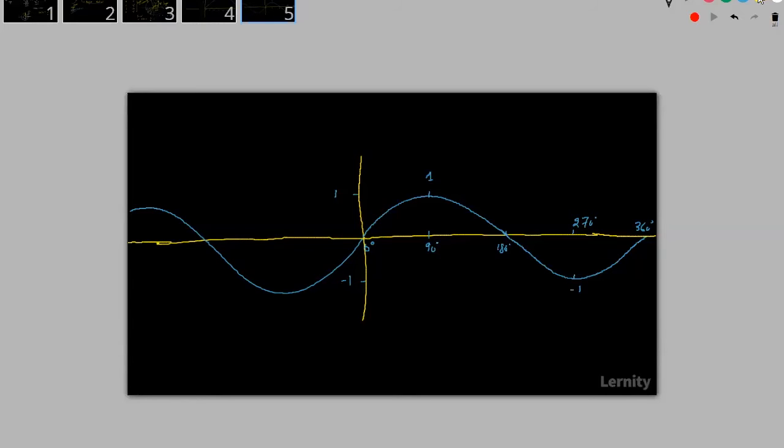Fine. This part is okay for everyone, right? And I will mention the angles also. So this angle is minus 90 degrees. This angle is minus 180 degrees. This angle is minus 270 degrees, and so on. Okay, everybody understood?